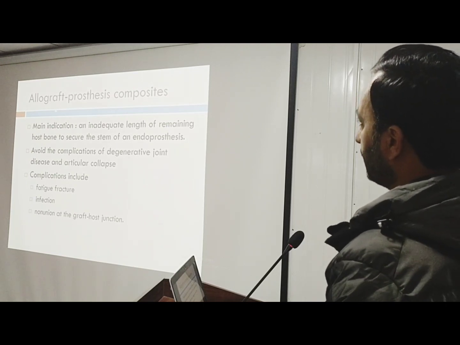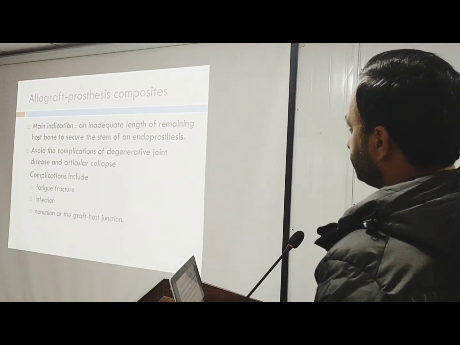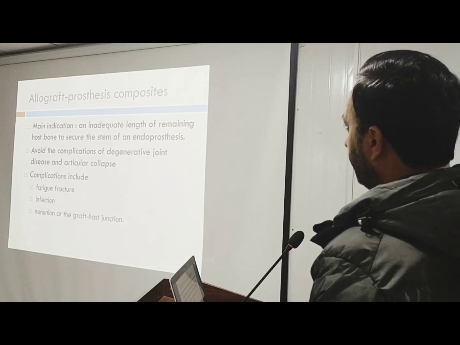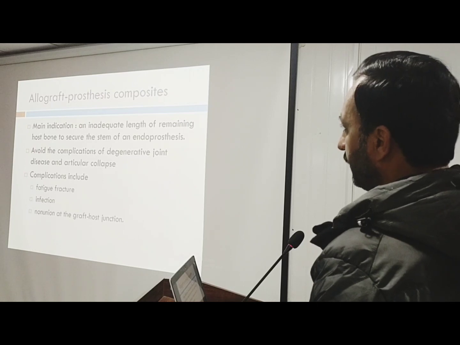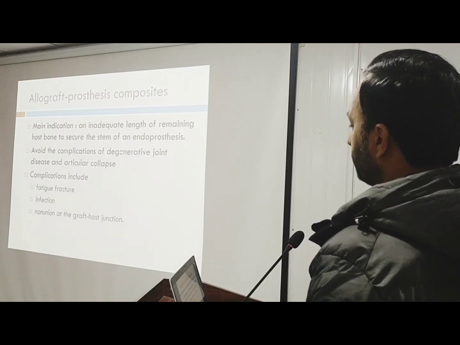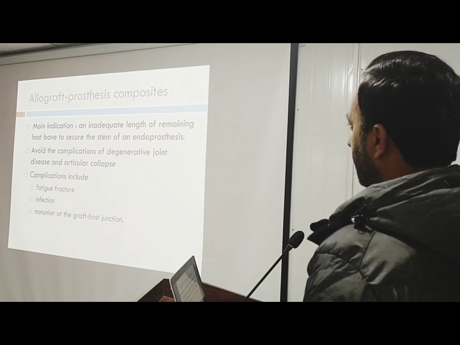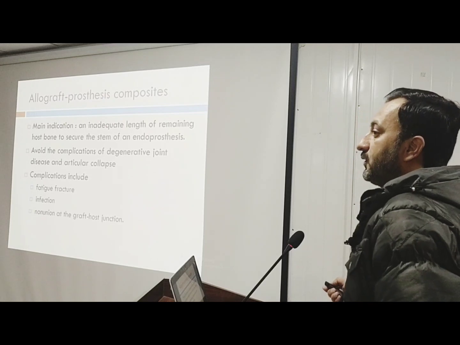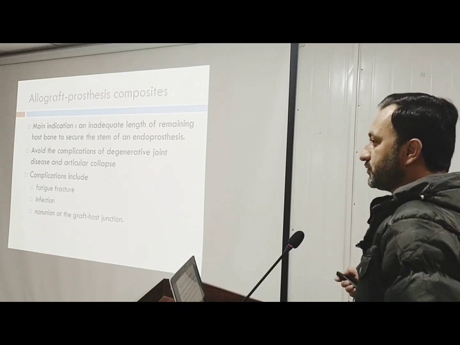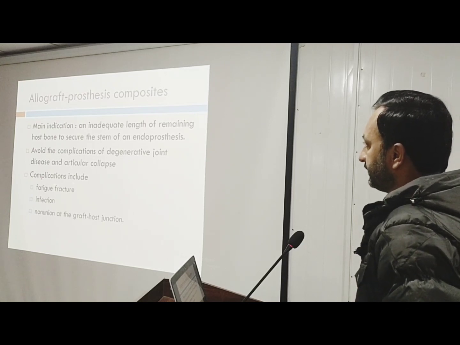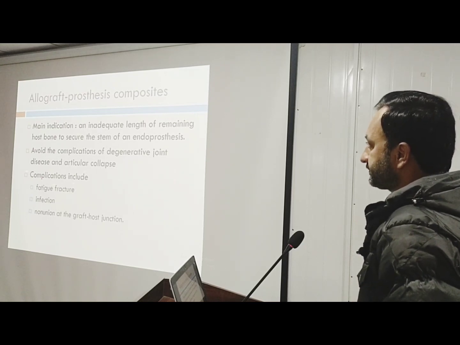Another one is the allograft prosthesis composite. The main indication is inadequate length of remaining host bone to secure the stem of the endoprosthesis. It avoids the complications of degenerative joint disease and articular collapse. Earlier, with the osteoarticular allograft, there were more chances of articular collapse; the allograft prosthesis composite has low chances of articular collapse.